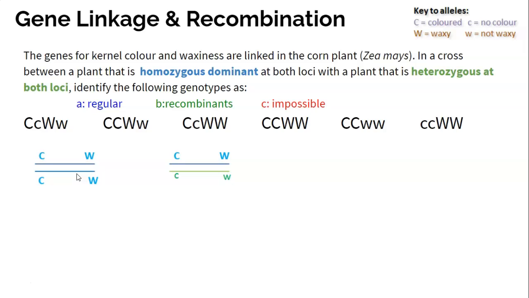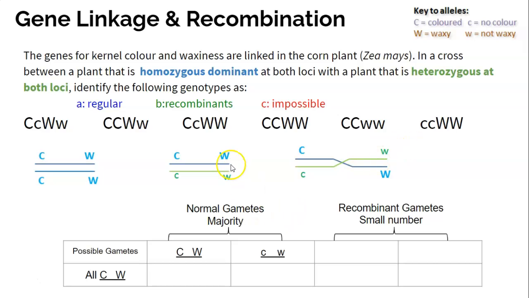Because there's only one option, so it can't go through recombination because there's nothing to recombine there. But our heterozygous one can go through recombination because it can swap these two, right? Take these W's and cross them over, and then you end up with a new combination that you didn't have before, right? Now you have a capital C and a lowercase w and a lowercase c and a capital W. This is a recombinant because you don't see this in the parents.